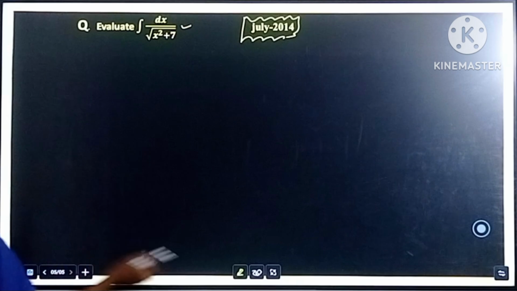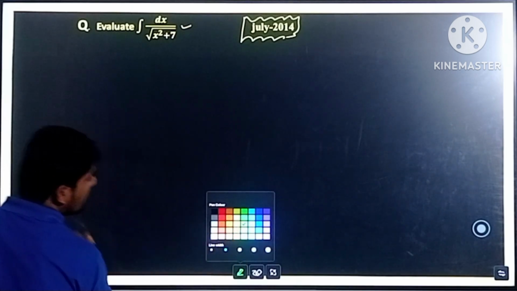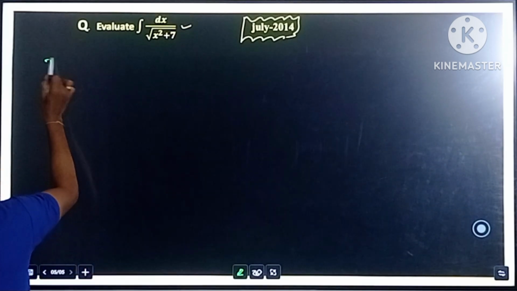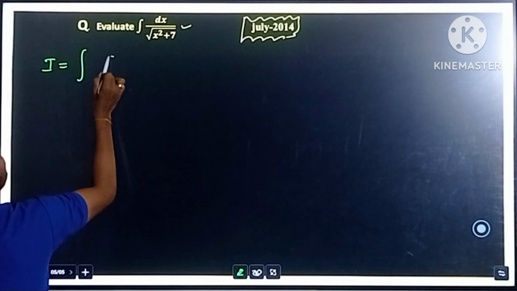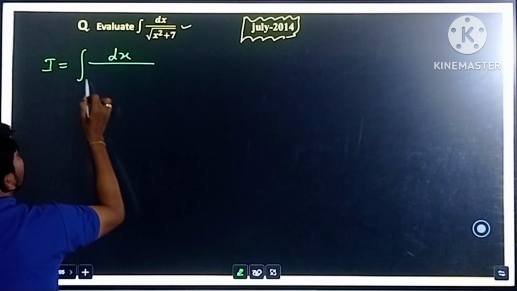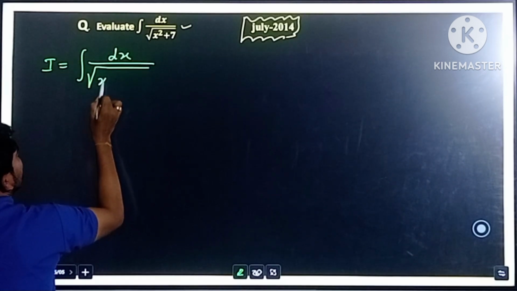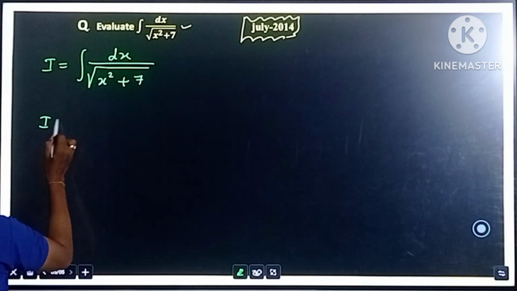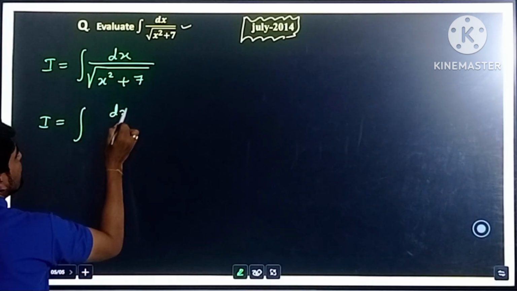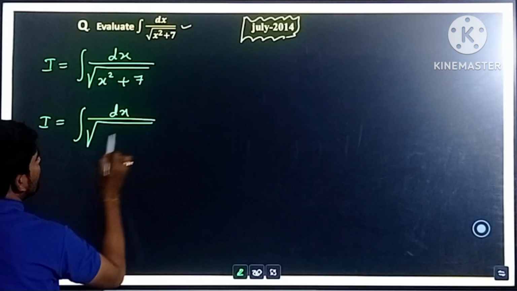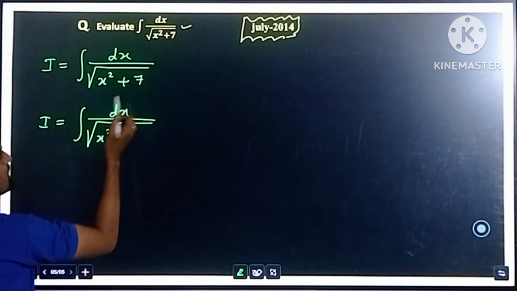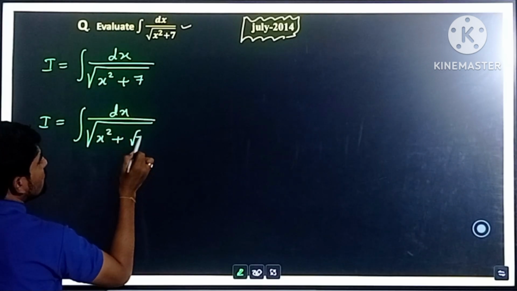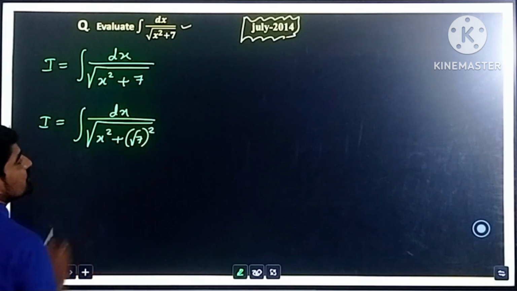So let us consider I is equal to what? I is equal to integration of dx divided by square root of x square plus 7. Again, in this denominator, I is equal to integration of dx divided by square root of x square plus 7 can be written as root 7 whole square.